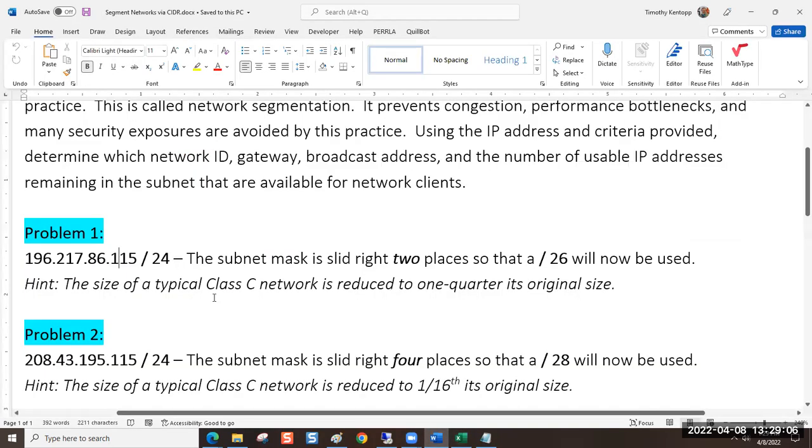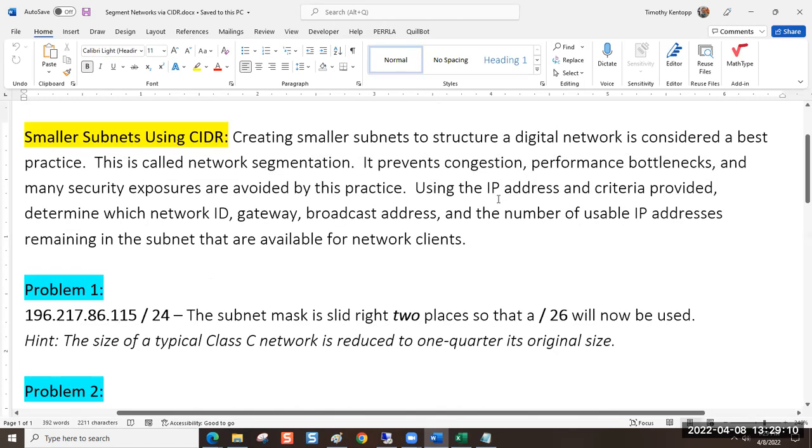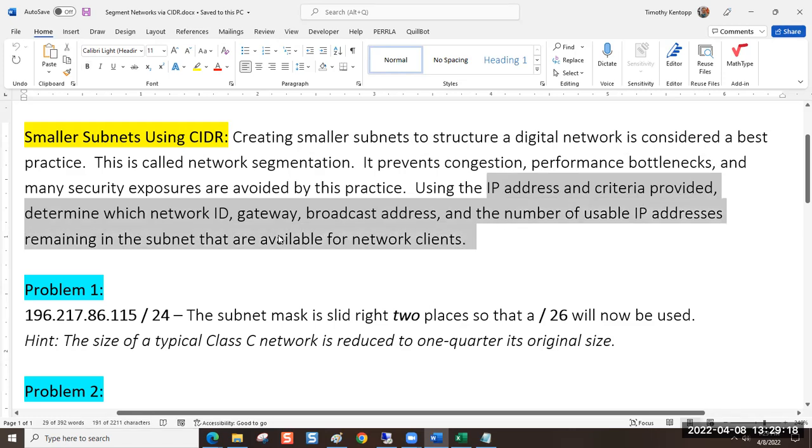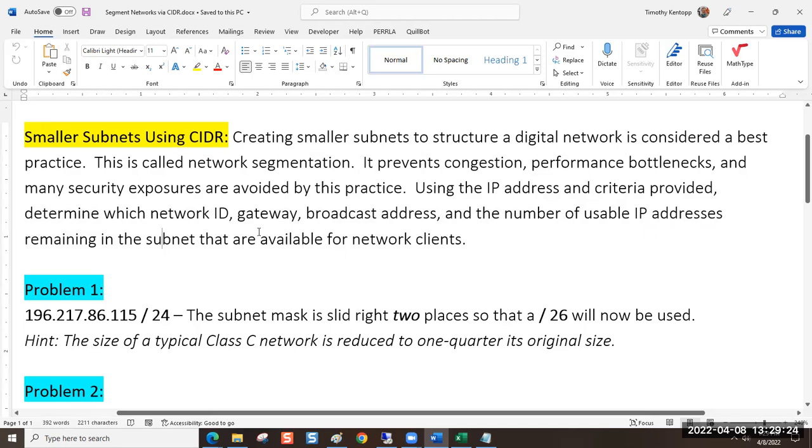So when I look at this answer, it says using the IP address and the criteria provided, determine which network ID, gateway, broadcast address, and the number of usable IP addresses remaining in the subnet are available for network clients. So how would I answer this question?